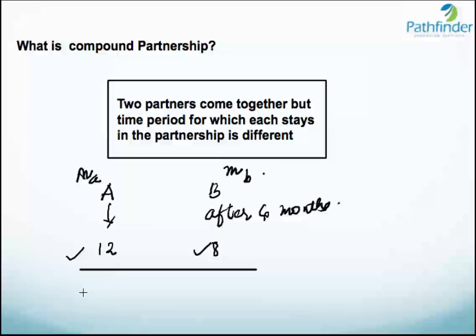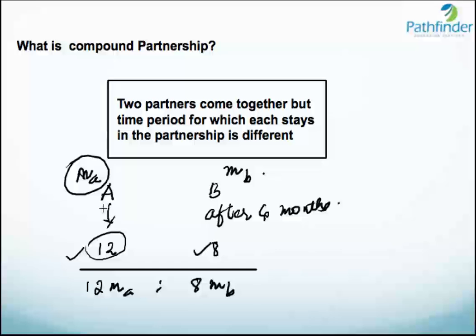Then the ratio in which the profits will be divided will be 12 times MA as to 8 times MB. So money will be divided in the ratio of products of their time periods and the capital invested.